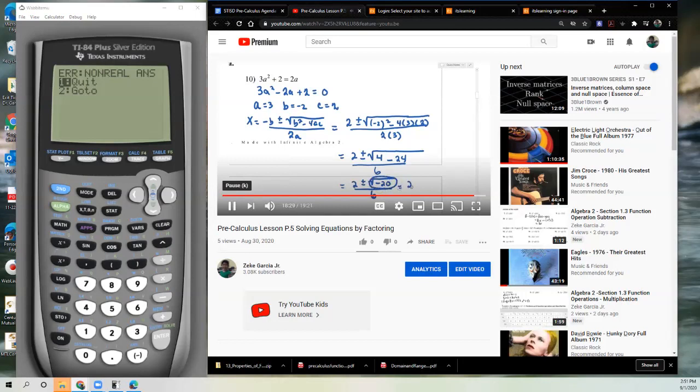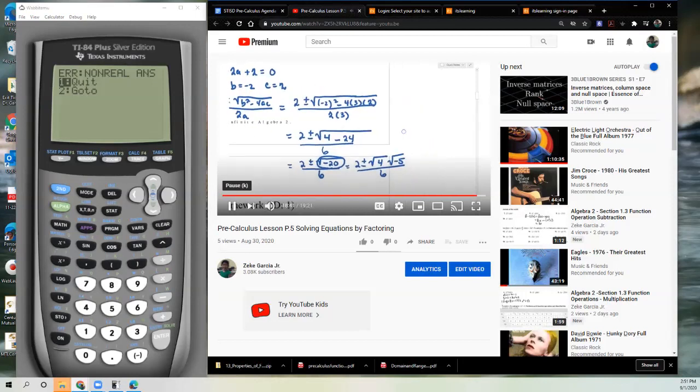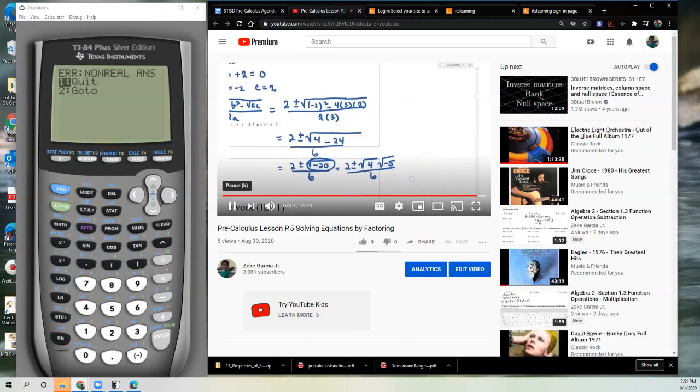So you have 2 plus or minus the square root of 4 times the square root of negative 5 over 6. The square root of 4 is 2. So you get 2 plus or minus 2 square root of negative 5 over 6. It simplifies to a third.